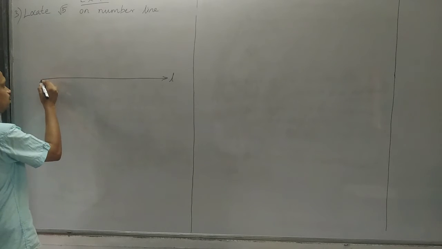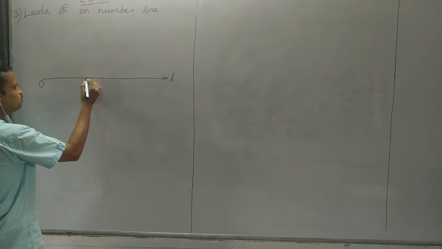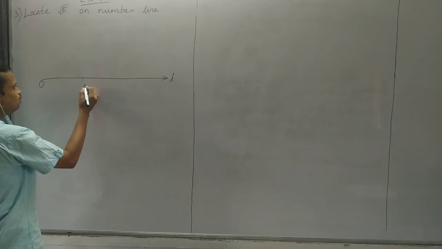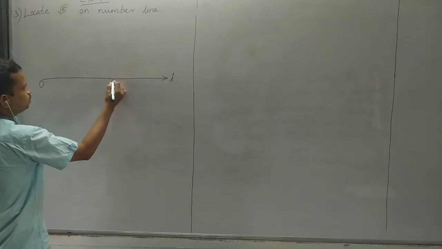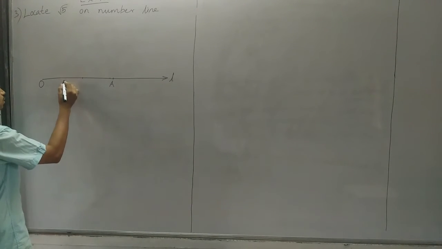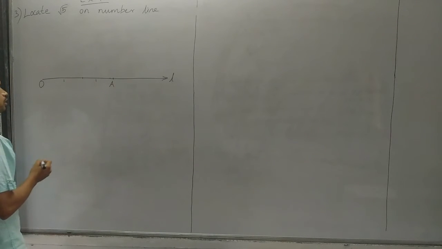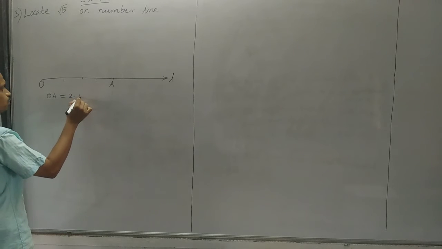Take this number line and take this as one point, and this is another point. This is A. This is 1 unit, this is 1 unit, totally 2 units. So OA is 2 units.